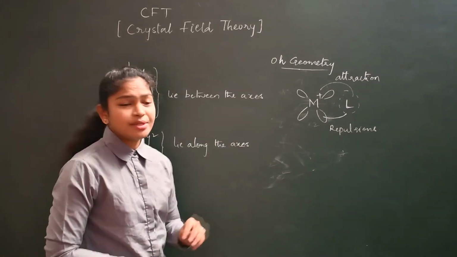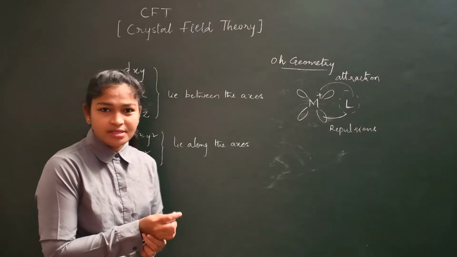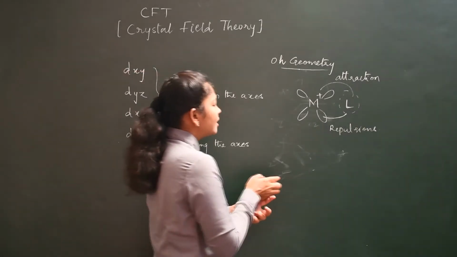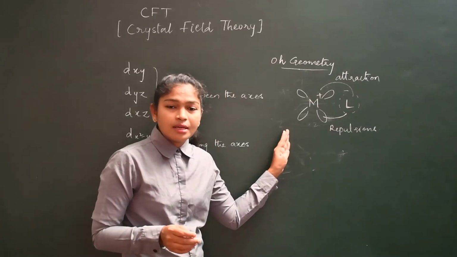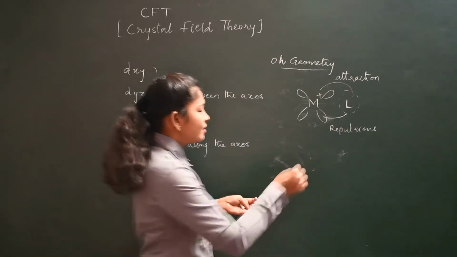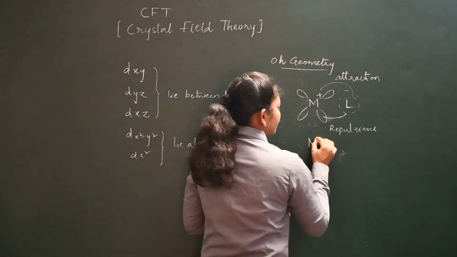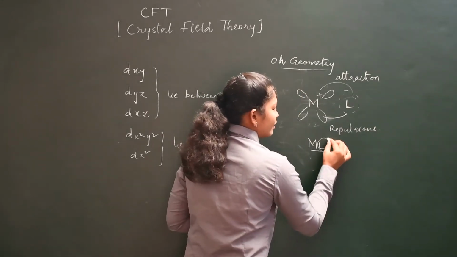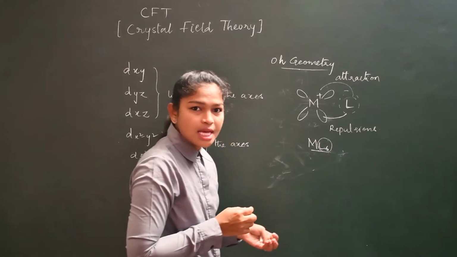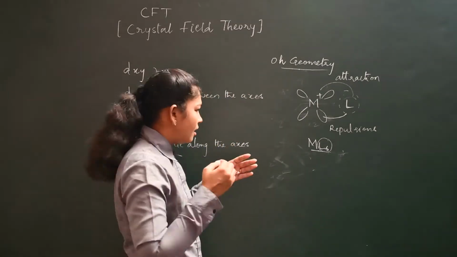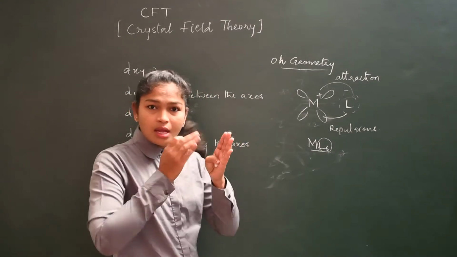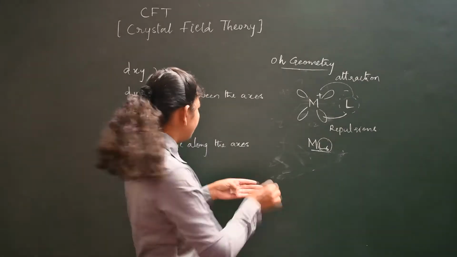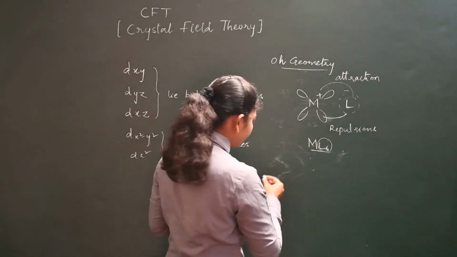So in octahedral geometry, how does the splitting happen? Whatever ligands we have in this complex, ML6, suppose like this, they will be lying along the axes. Just now I have shown, no?